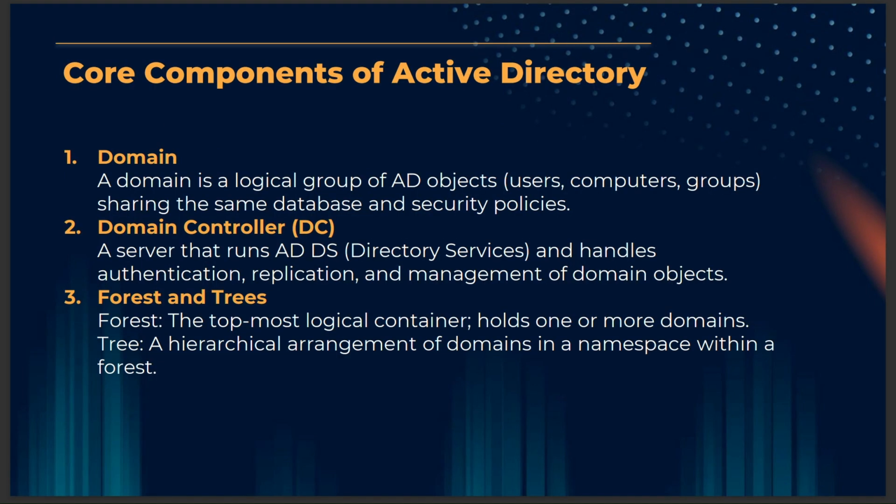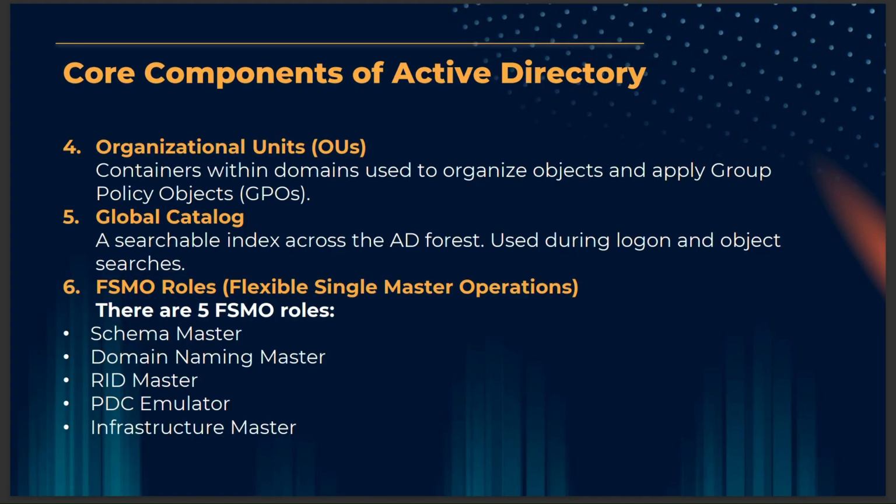Core components of Active Directory. Active Directory is built with several core components. At the top we have the domain, which acts as a logical boundary for AD objects. Every domain is managed by one or more domain controllers. Forests are a collection of domains with shared trust. OUs help organize objects, and the global catalog speeds up object lookups.